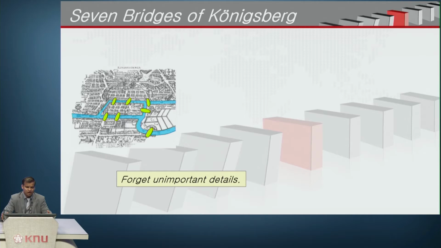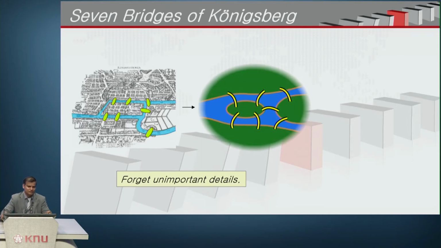For example, there might be buildings or even streets or roads. When we talked about relations, we had an example where we considered the roads as edges, but here we are skipping it because our focus is on the bridges.